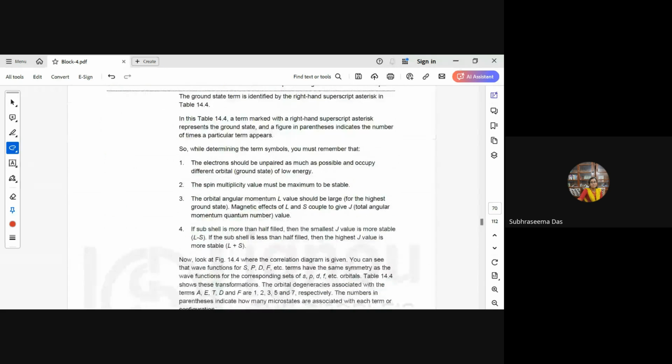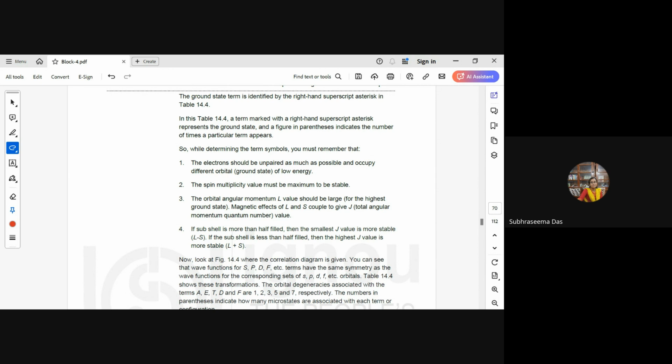While determining the term symbols, a few points need to be considered. The electrons should be unpaired as much as possible, and they always occupy the different orbitals of lower energy. The spin multiplicity must be maximum to be stable.